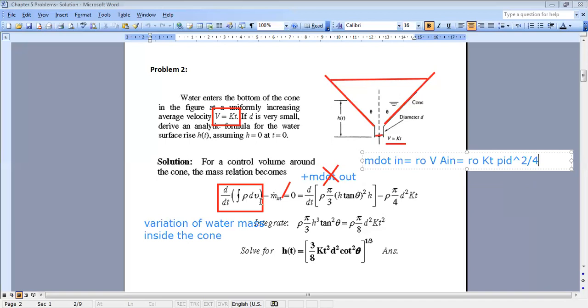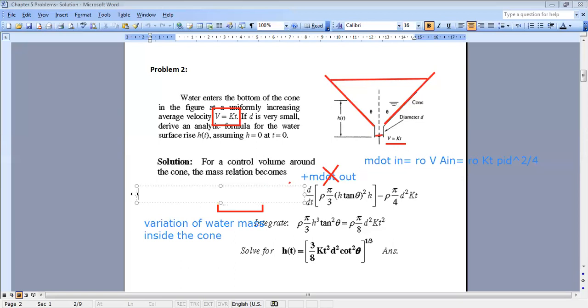Now I still need to see what the term d/dt of the integral of rho dv is. First let us evaluate the integral of rho dv. Rho is the density of water, which is a constant, so we can take it outside of the integration. So the integral of rho dv over the control volume of the cone is equal to rho times the integral of dv.